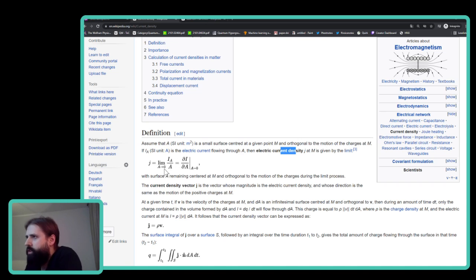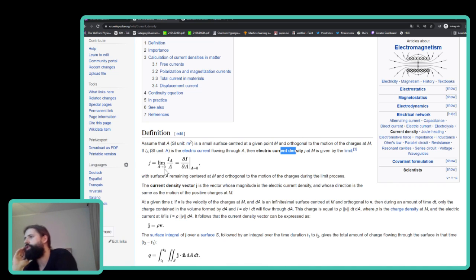So it's just saying how much of this electric current is going through the surface, right? And then you take the limit when A approaches 0, so for a very small chunk of the surface. The current density vector J is the vector whose magnitude is the electric current density and whose direction is the same as the motion of the positive charges at a given time t.